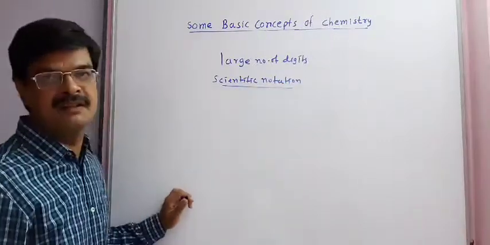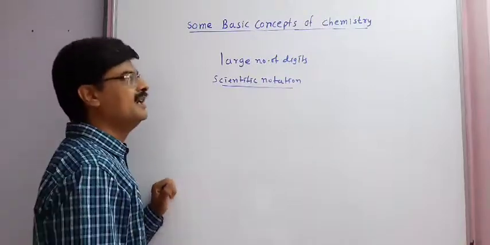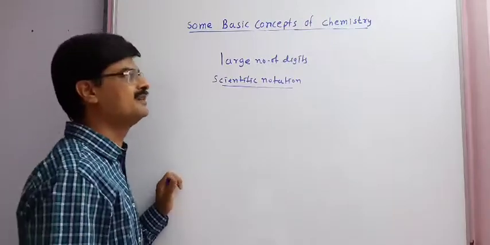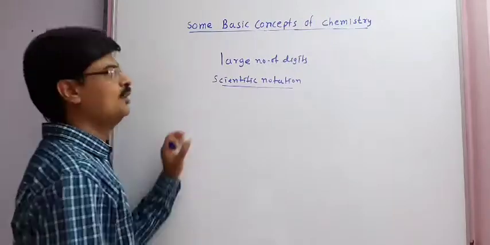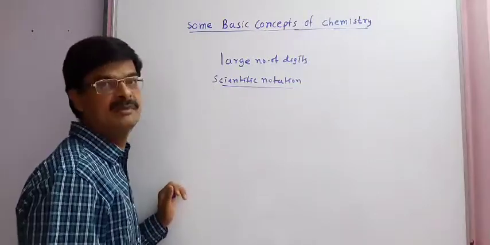If we have a result in which 15 or 20 digits are present, it is not easy for any chemist to express this result in a proper manner. To overcome this difficulty, we need to understand scientific notation.